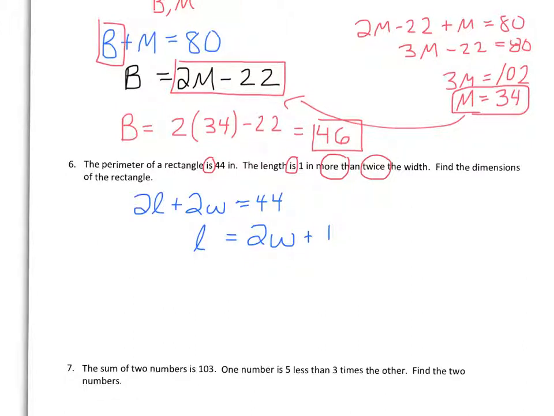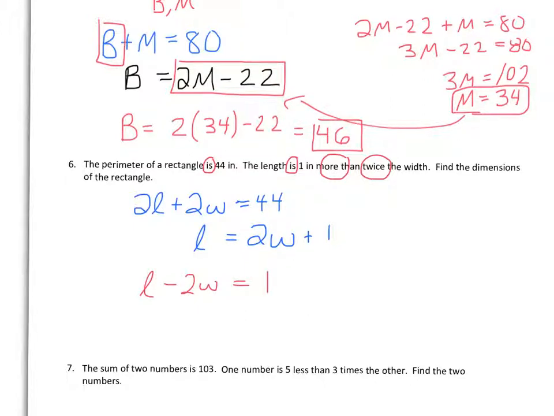So what would be the most appropriate method to solve this? I heard a lot of you say substitution. I don't disagree with you. But what I'm going to do here is take this bottom equation and subtract 2W over. So now it's actually L minus 2W is equal to 1.